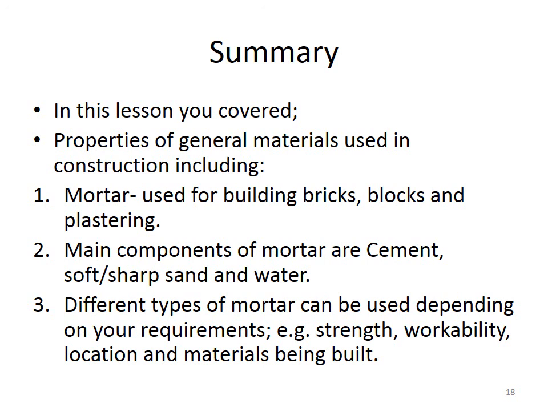Different types of mortar can be used depending on your requirements. So for example, strength, workability, location, in other words, are you building under the ground, above the ground, are you building in very wet conditions, in drier conditions, and also the materials being built, are they very heavy, are they light, do they have a high absorption rate, different things like that.